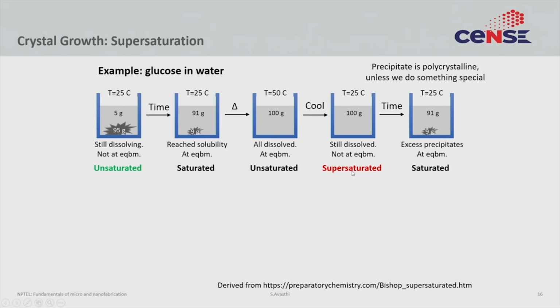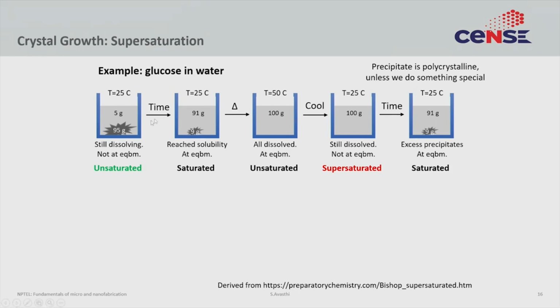So, you are going from a supersaturated solution to a saturated solution. The concept of supersaturation is that simple. It is simply that through some trick you have made the system go beyond its equilibrium value, beyond its capacity to carry that material.